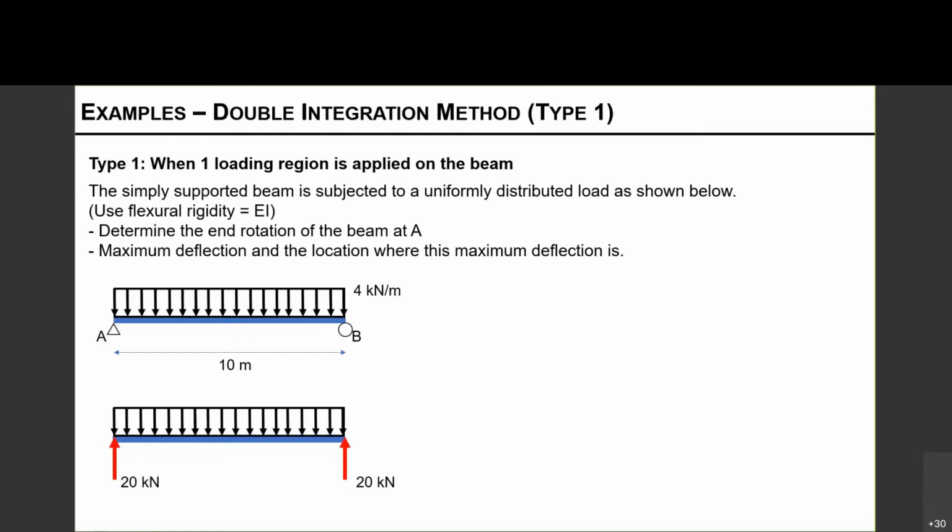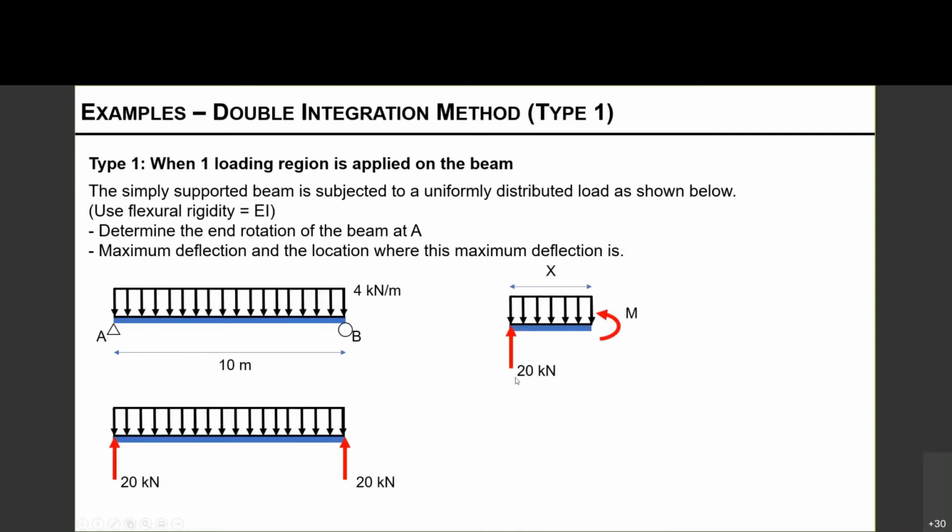So we need to formulate the bending moment equation based on the applied load, right? Since we have the uniformly distributed load applied all across AB, we need to worry about only 1 loading region. So we will cut at a section which is X section, okay?